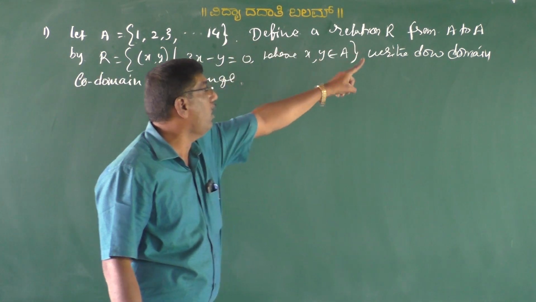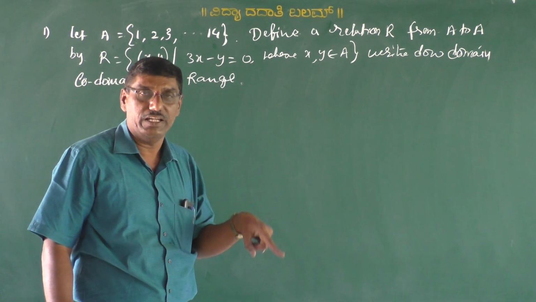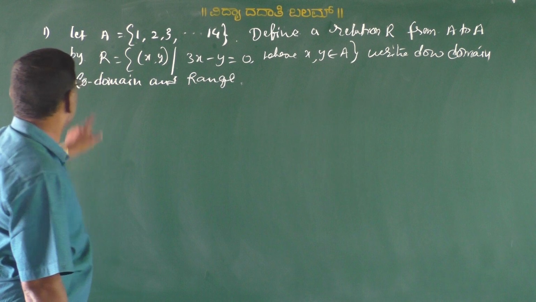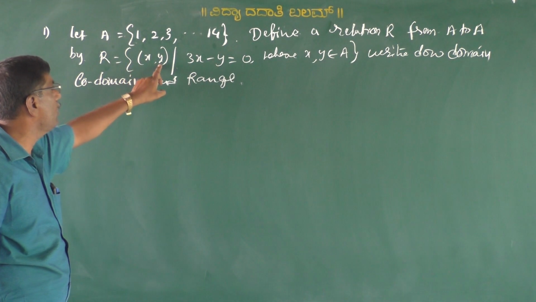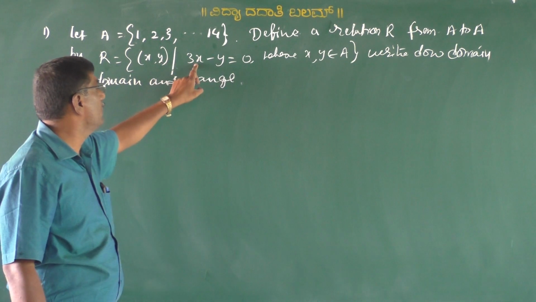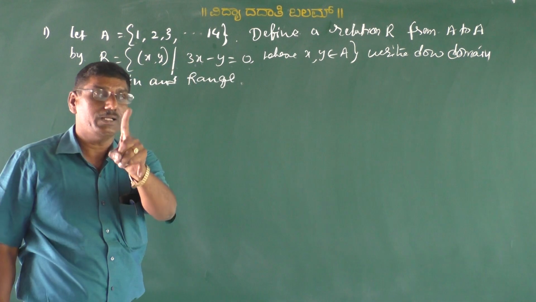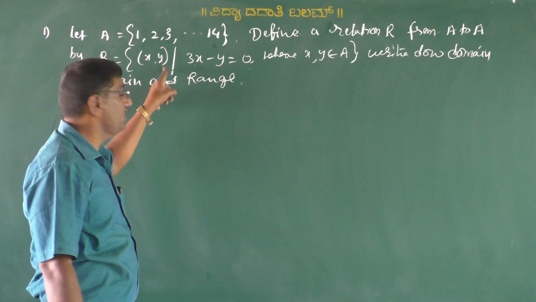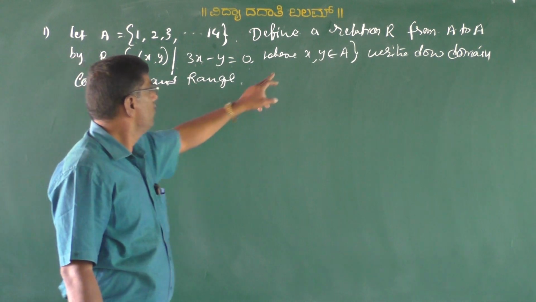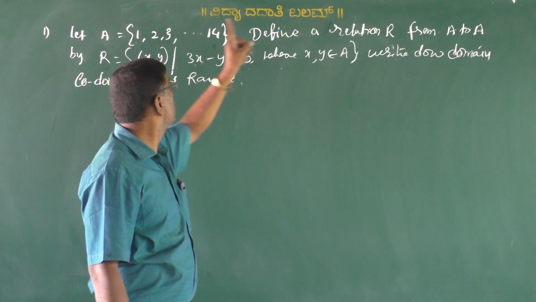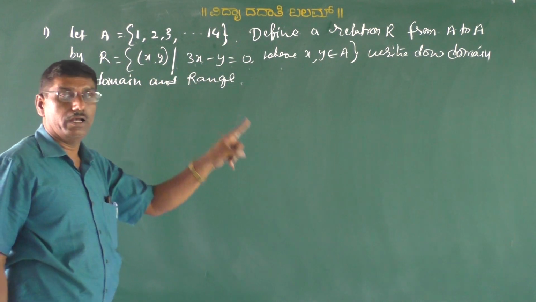Define a relation R from A to A under the condition R equals the set of all ordered pairs (x, y) such that 3x minus y equals 0. This is the relation in set builder form, the rule form, where x, y belong to the set A. Write down domain, codomain and range.